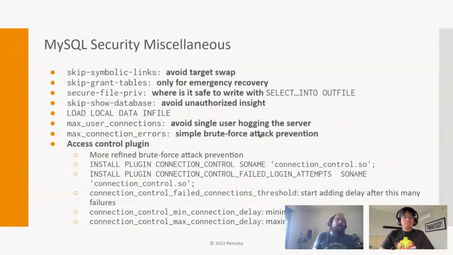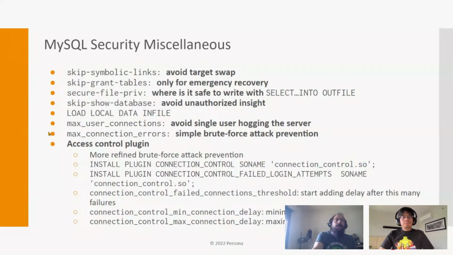This is a bit brutal because it prevents any further connection from that host. I think it applies to the IP, so the host is blocked for any user. If user A had 100 failed attempts, and then user B comes later and tries to access from the same host, it's going to be blocked.